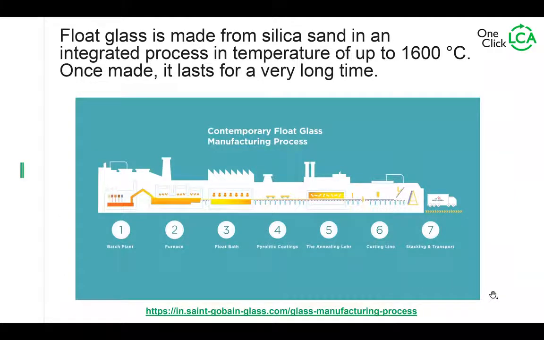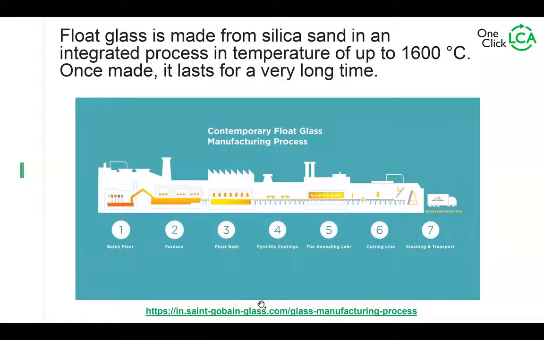Then very shortly about float glass. Float glass is made from silica sand and other materials, and it's made in an integrated process that has a temperature of up to 1600 degrees and goes through a number of process steps. And once made, it lasts for a very long time.